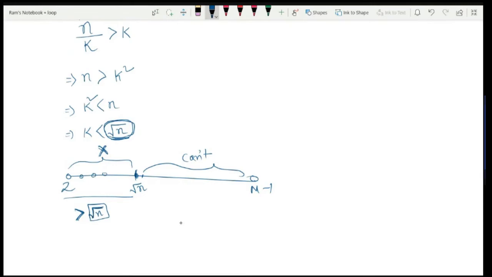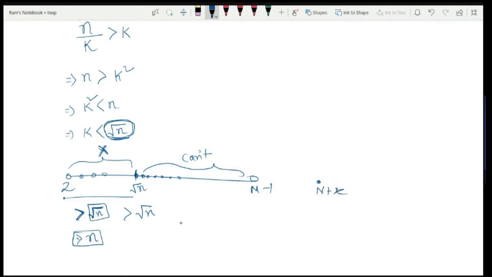And again, since there are no factors which are less than square root of n, the second factor also must be greater than square root of n. And in that way, if you multiply two numbers which are greater than square root of n, then certainly you will get a number which is greater than n. It means if we assume that there are two factors of n here, then if you multiply both these factors, you will exceed this range and get a number which is actually bigger than n, n plus something you will get.